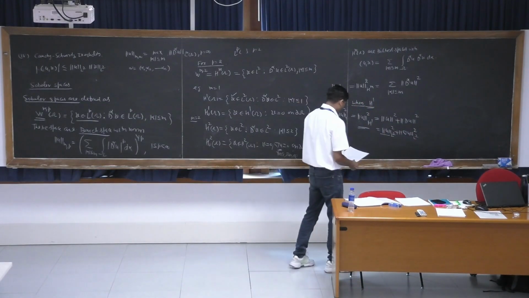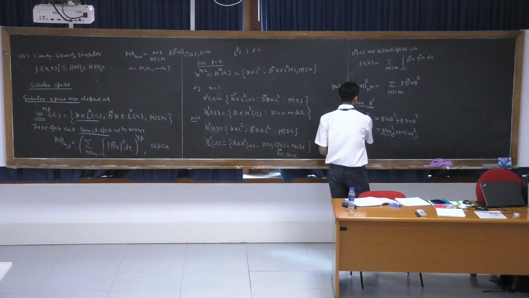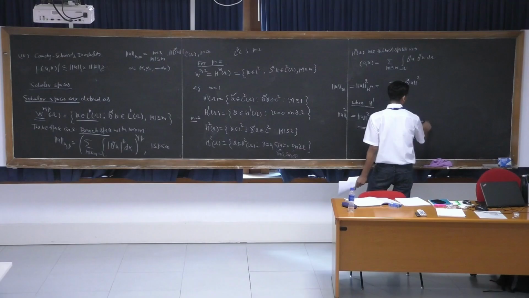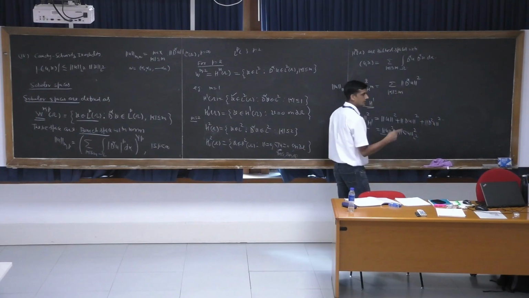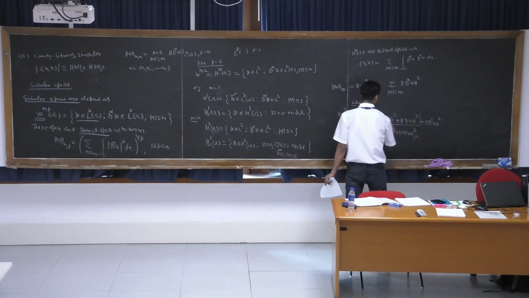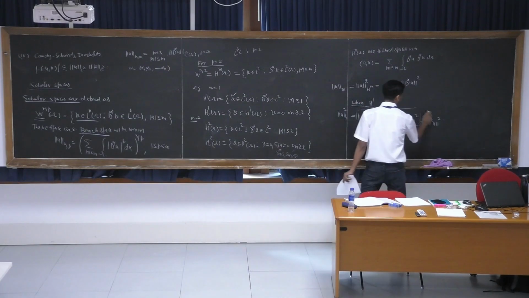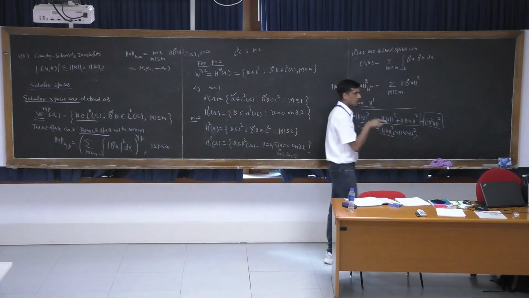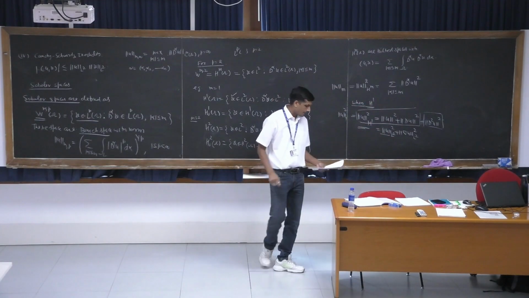Similarly we can write the norm for H2. Just one more term is added in H2, that is this squared. Up to here is H1; if you add one more term, it goes to the H2 norm.